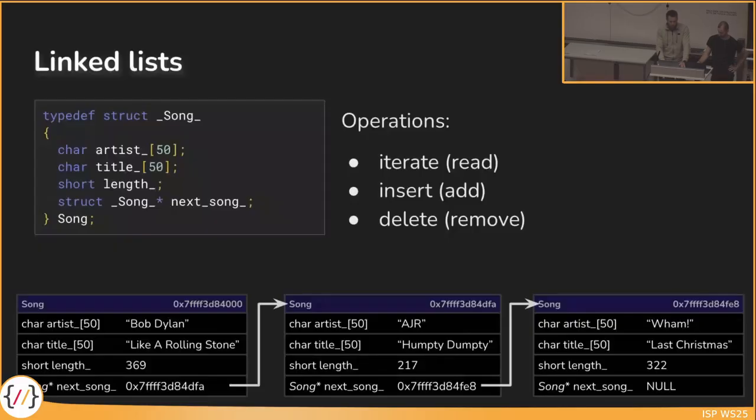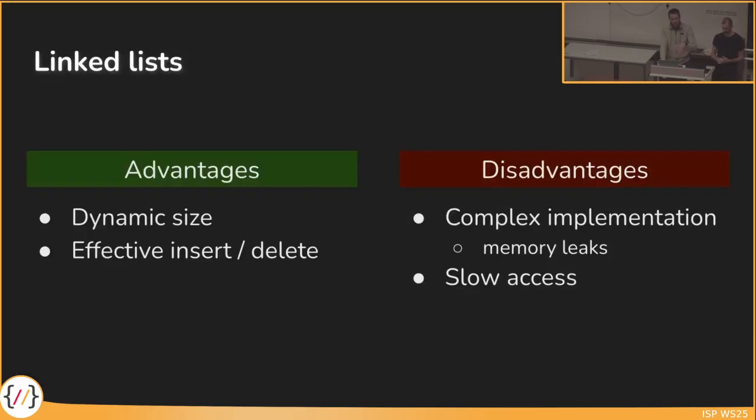Okay, so now we have looked at iterating over a linked list, inserting or adding elements to the list, and also, at least in a theoretical way, the removing of elements of a linked list. So we have already discussed a few advantages and disadvantages of linked lists.